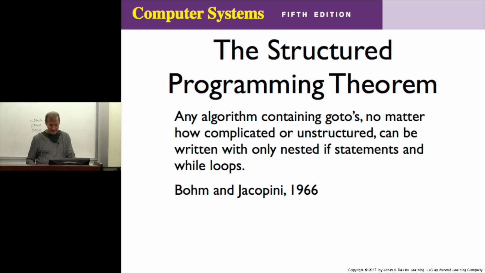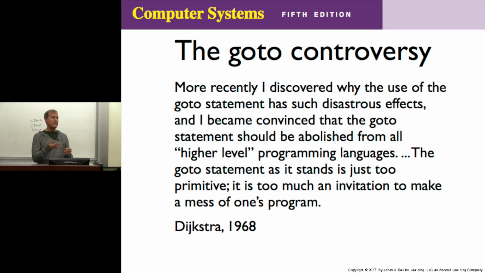Bohm and Jacopini showed that it was possible to write any algorithm without gotos. But Dijkstra said, not only is it possible, it's better. Do you see what he's saying? It's not just possible, it's better.